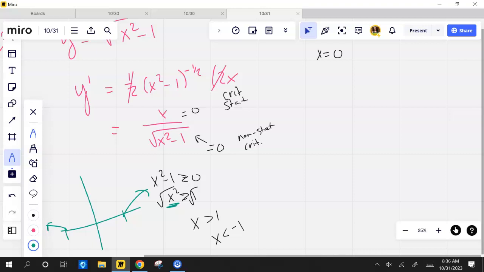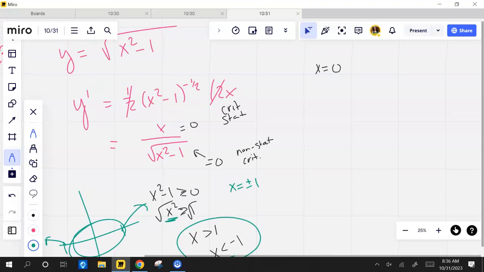So as I'm testing my points, if I made this equal to 0, I would find that x is plus or minus 1. Yes? The reason I do all this is, one, I need to see where I have graphed what my domain is and where it's undefined. So all these places are where my derivative is not defined, and I am testing positive and negative 1.